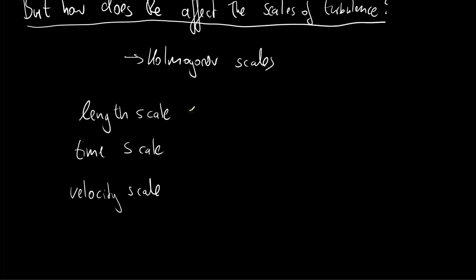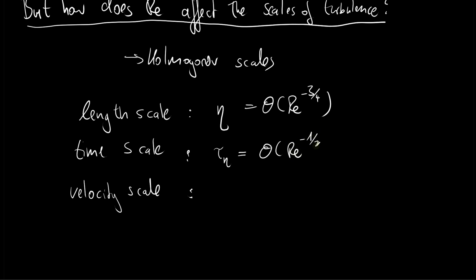And here we can approximately say that the length scale, also called eta, is of the order of the Reynolds number to the minus 3/4. The time scale, sometimes called tau eta, is of the order of the Reynolds number to the minus 1/2. And the velocity scale, u eta, is of the order of the Reynolds number to the minus 1/4.